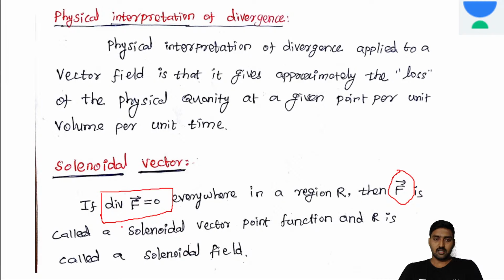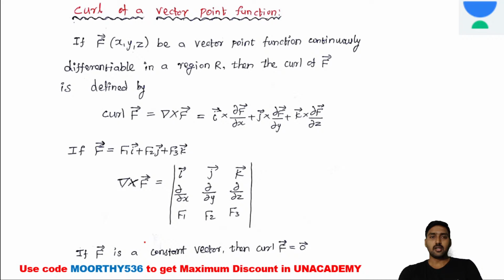It's called a solenoid point function or solenoid vector. Is it clear now? If the divergence of the vector is not equal to 0, then it is not a solenoid function. Right? Now we are moving to the curl of the vector.